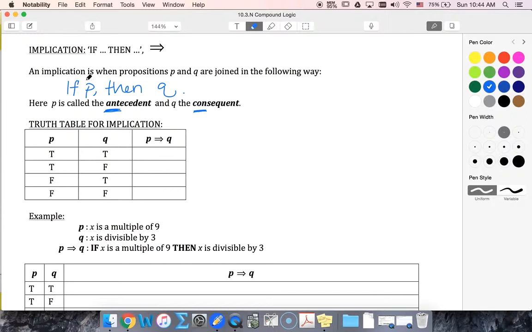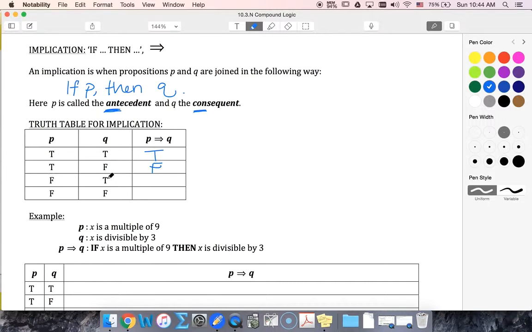So if P is true, then Q should be true. So true, true will make this true. But if P is true and then Q is false, then this sentence must be false. Now, Q being true depends on P being true, but if P is false, then Q could be anything.